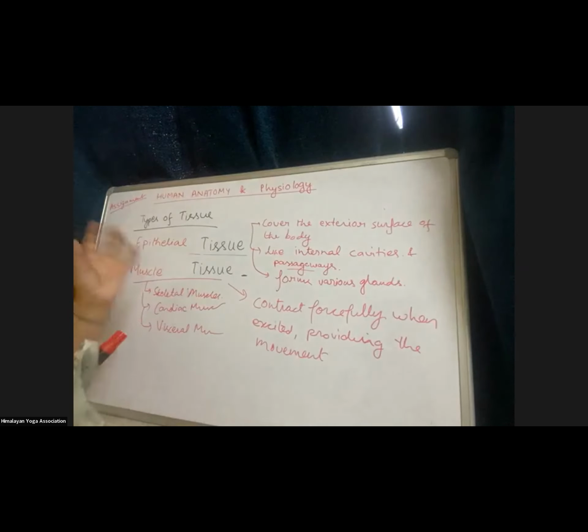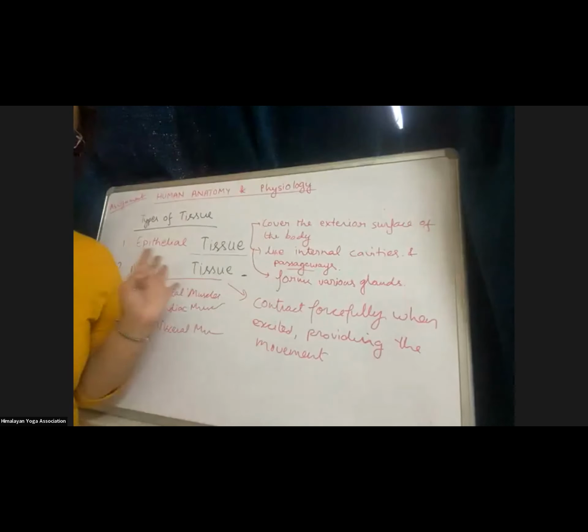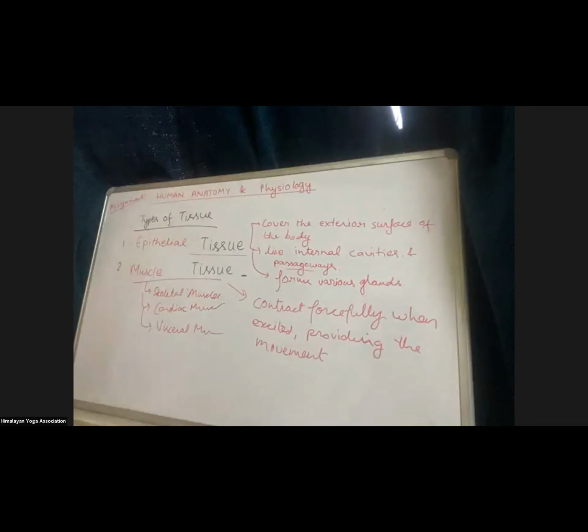So wherever there is any kind of physical movement in the body, I'm not talking about the electrochemical signals, I'm talking about the physical movement, whether voluntary or involuntary, it is because of the muscle tissues in the muscles like skeletal, cardiac, visceral. I think this is very clear.